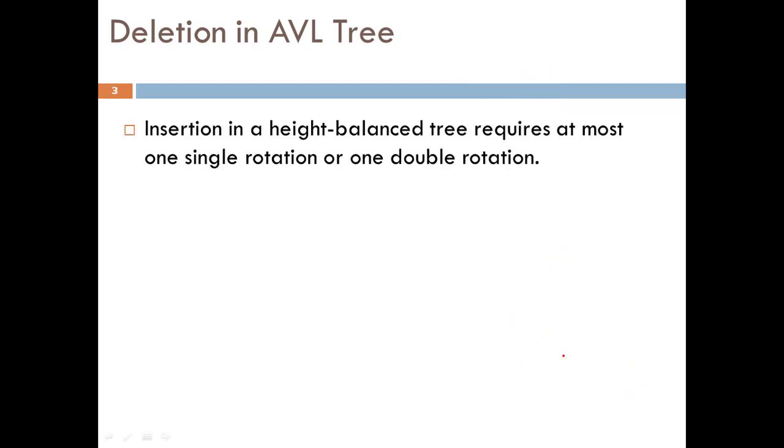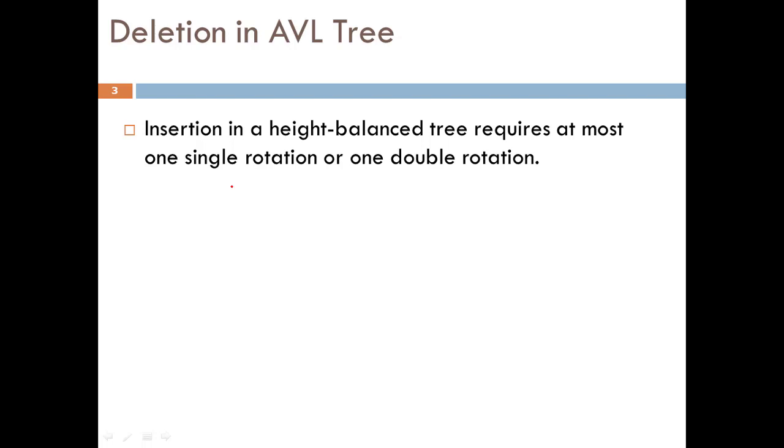Okay, so insertion in a height balanced tree requires at most one single rotation or one double rotation. We have seen with the examples that once we need to insert a value into the AVL tree, we just insert it according to the BST formula. For example, if the value is greater than the root node, the new value should go towards the right side of the node, and so on, and we insert that value.